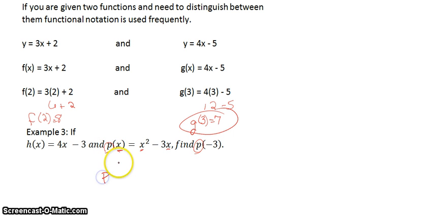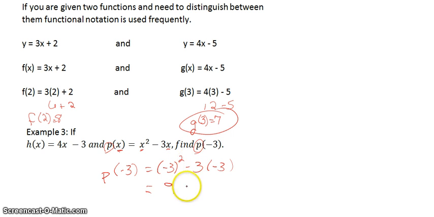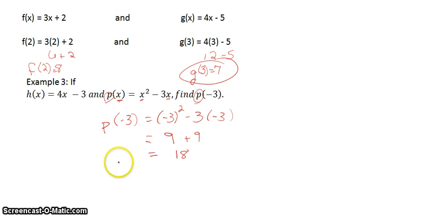So we have p of negative 3 equals negative 3 squared minus 3 times negative 3. So we'll have 9, and then that would be a negative times a negative, so plus 9, so it would equal 18, and just leave that as p of negative 3 equals 18.